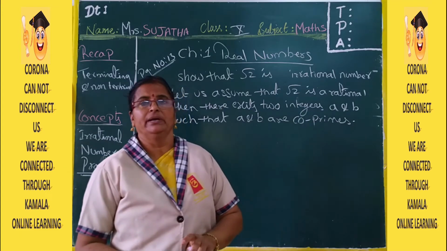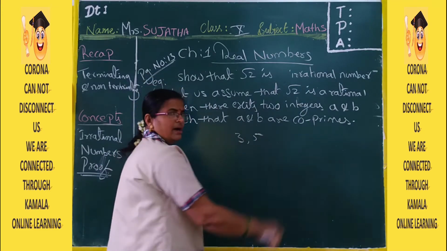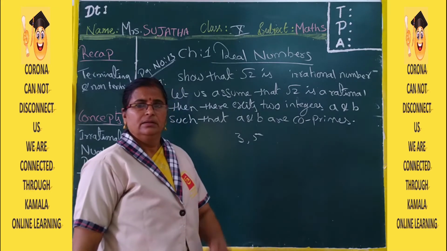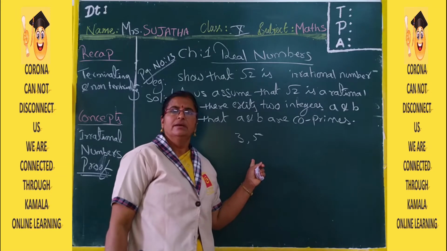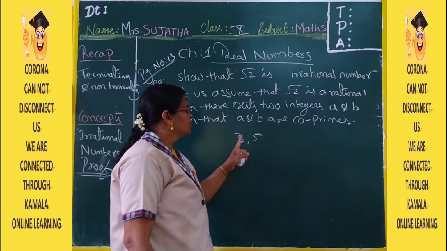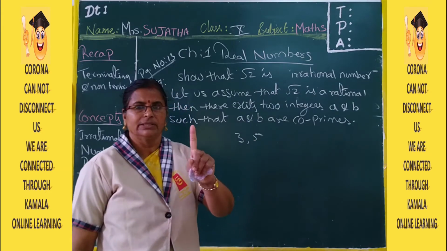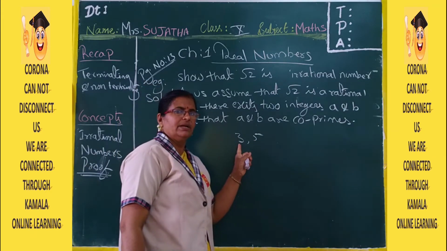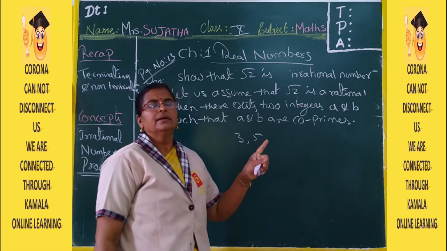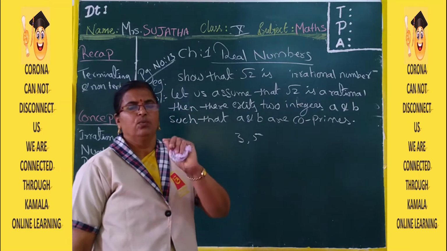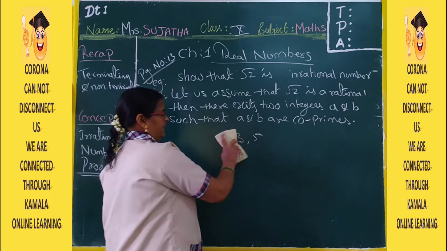What is meant by co-primes? Suppose if I say 3 and 5 are co-primes, will you agree? Yes, these two numbers are co-primes. Why? Because these two numbers have only one as the common factor. If any two numbers have one as the only common factor, then the two numbers are called co-primes.